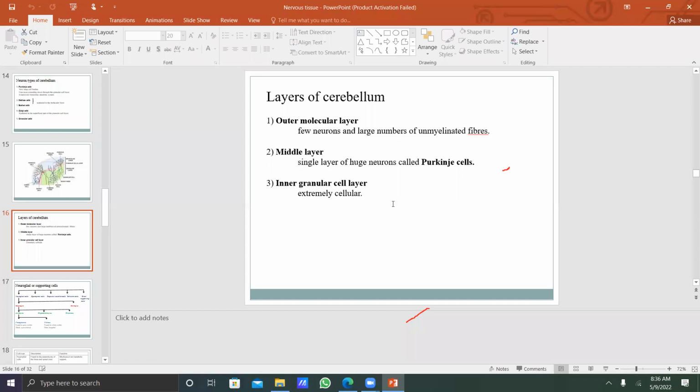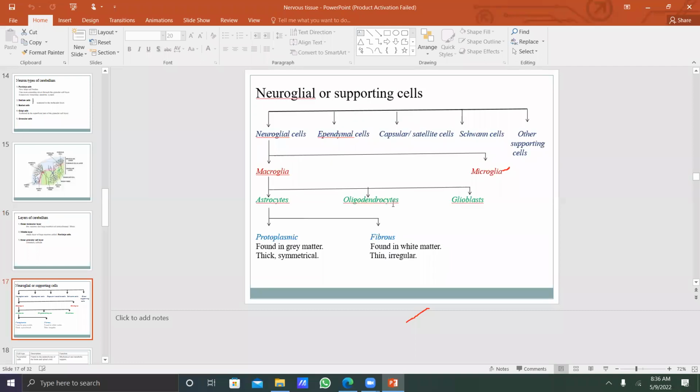It is the supporting cells or the glial cells. So, neuroglial or supporting cells, we can see various supporting cells in the nervous system. Some are in the central nervous system and some can be seen in the peripheral nervous system.